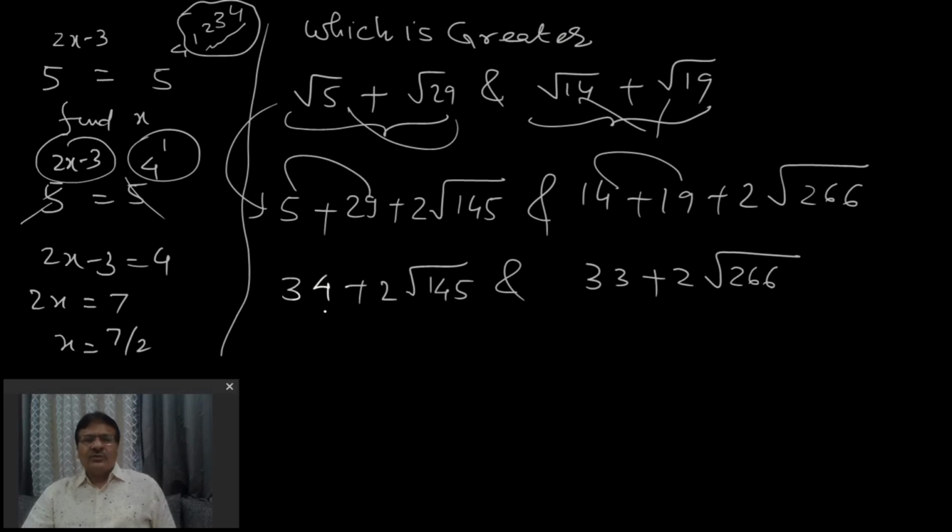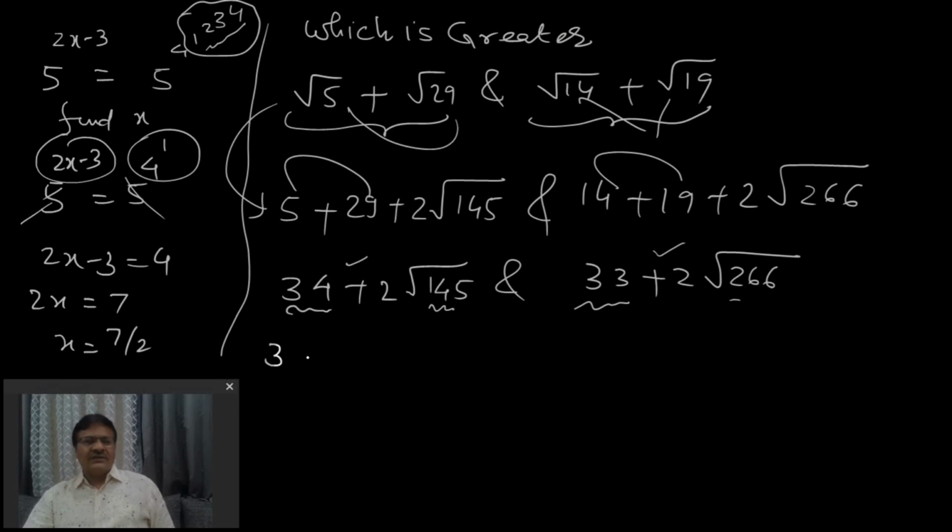Clear? Now this 34 is greater than this 33, but this 145 is lesser than this 266. So I am not sure whether this one is greater or this one is greater. If both the terms were greater, then finally we could say that this one is greater, but here I am not sure, so I have to do some more calculations.